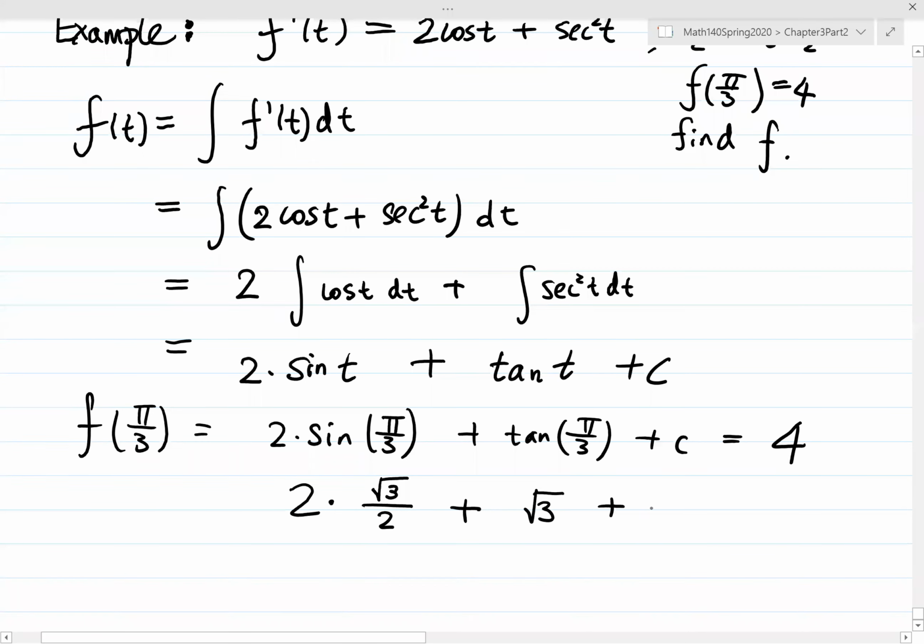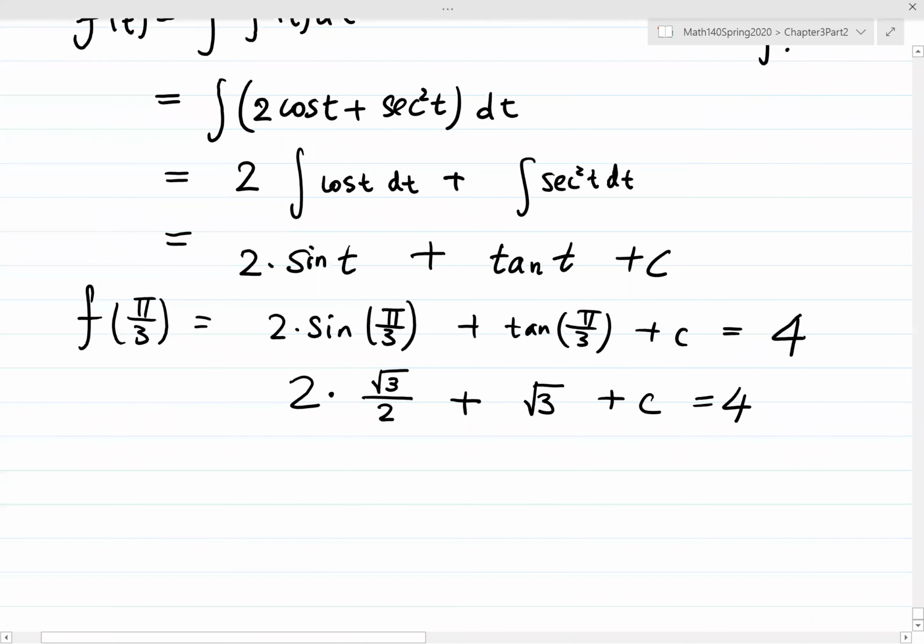Plus constant c is 4. So this should be 2 times 1/2 root 3. Then we get root 3 plus root 3 plus c is 4. So this is actually 2 root 3 plus c is 4. So c is 4 minus 2 root 3.